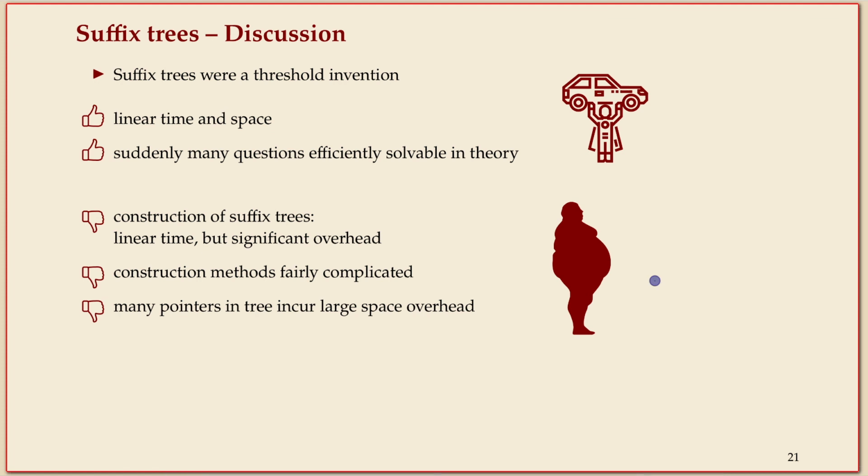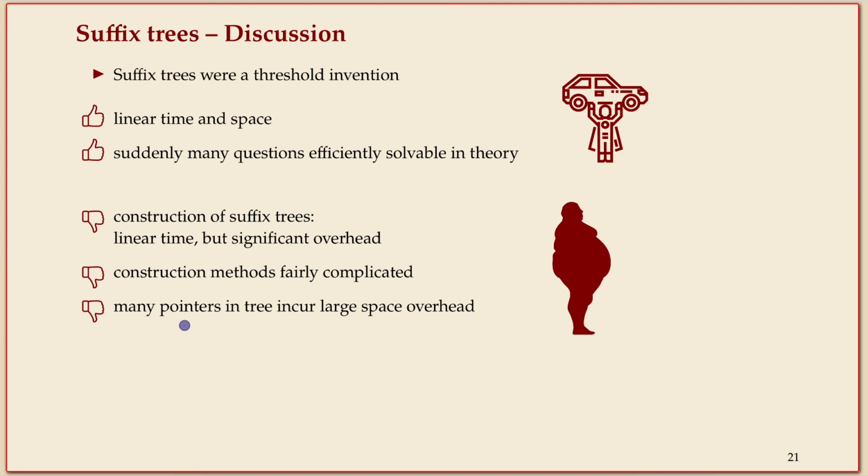But then once people got used to this in theory, they noticed they're not so great in practice as presented up to now. They're quite fat if you want. They're linear time to construct, but the algorithms that directly construct the suffix tree are quite involved and have quite some overhead. And once you have this tree, you have to represent it somehow in memory. And there are different options. I mentioned this before. You could, for each node, have all sigma possible child links, which uses sigma pointers for each node.